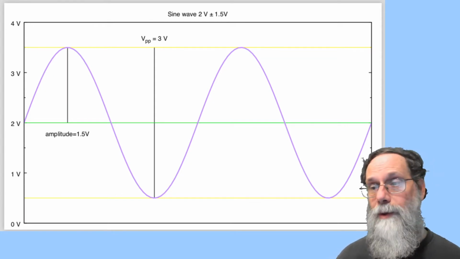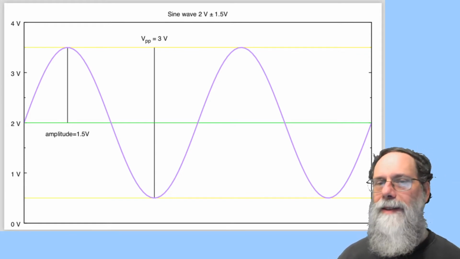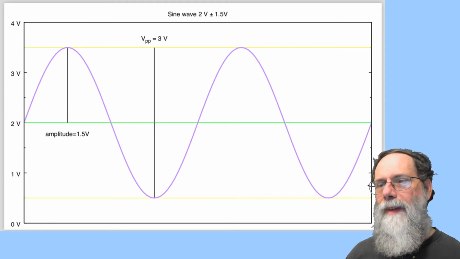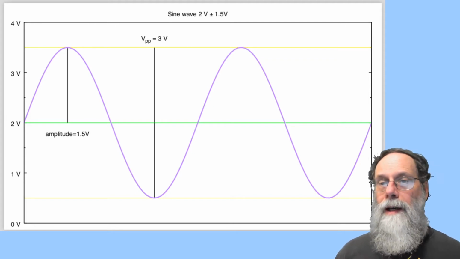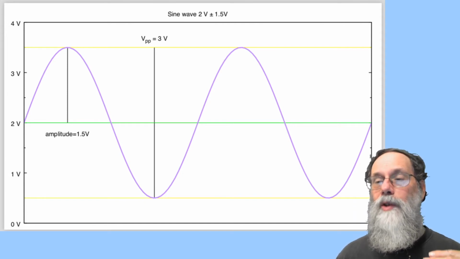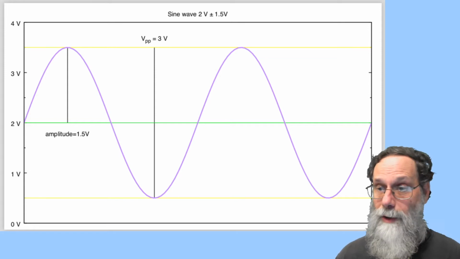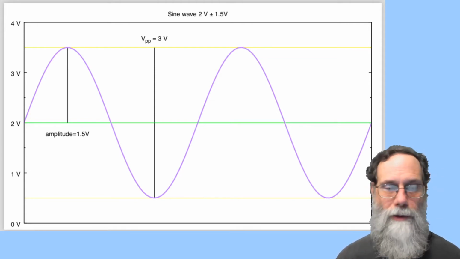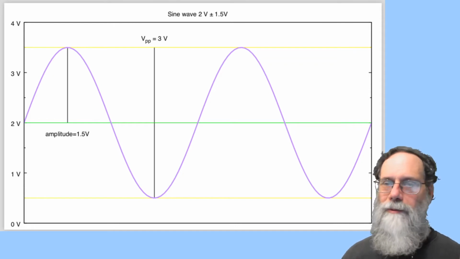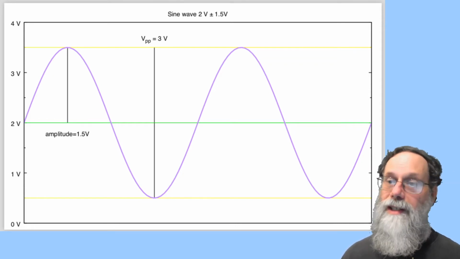Now for sine waves, you can do the integral in closed form analytically and get that in fact the RMS voltage is square root of 2 over 2 times the amplitude. But that only applies for sinusoids. If you're looking at other signals, you'll get other ratios. And so the relationship between amplitude and RMS voltage is not a fixed one.